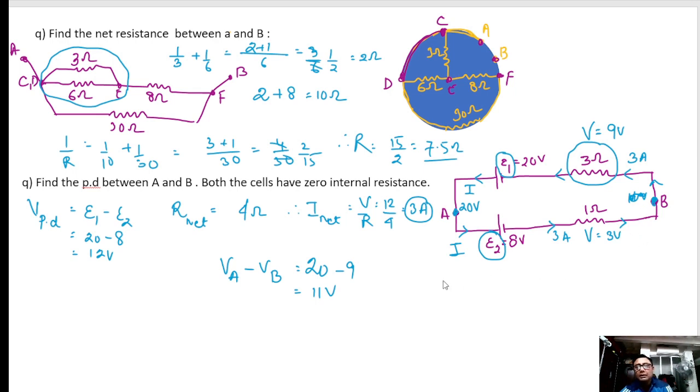So the potential difference between A and B, it will be 8 plus 3 volt. Why? Because current is entering into the battery. So terminal potential will increase. So anyhow you come either from the upper part or from the lower part, the voltage between A and B will always be 11 volt. Clear?